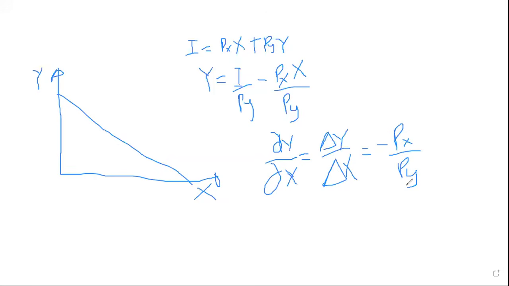But just to let you know that mathematically, the slope of the budget line can be obtained as the derivative of y with respect to x, which is the same as change in y over change in x, and that is equal to minus px over py. Don't come and ask questions on this. If you don't know differentiation, I cannot help you on that.